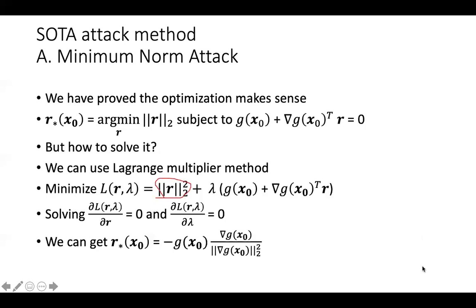So for the Lagrange method, the parameters, x is fixed, and we need to find lambda and R. R is the perturbation direction, right? And R is the vector leaving from the existing x0.